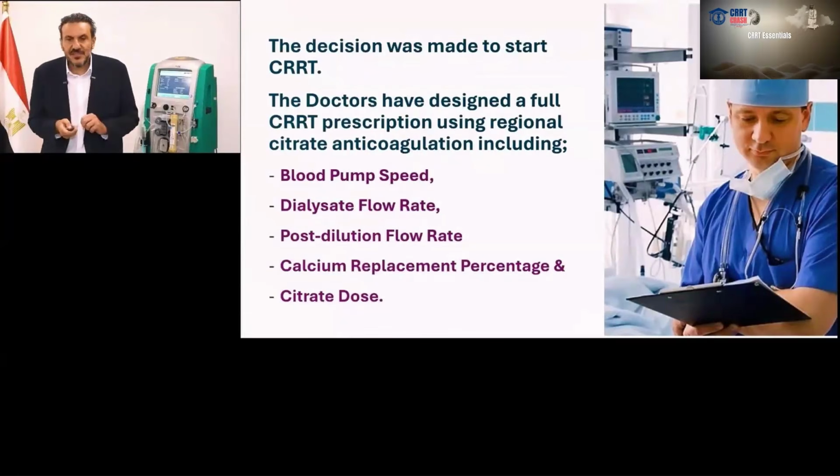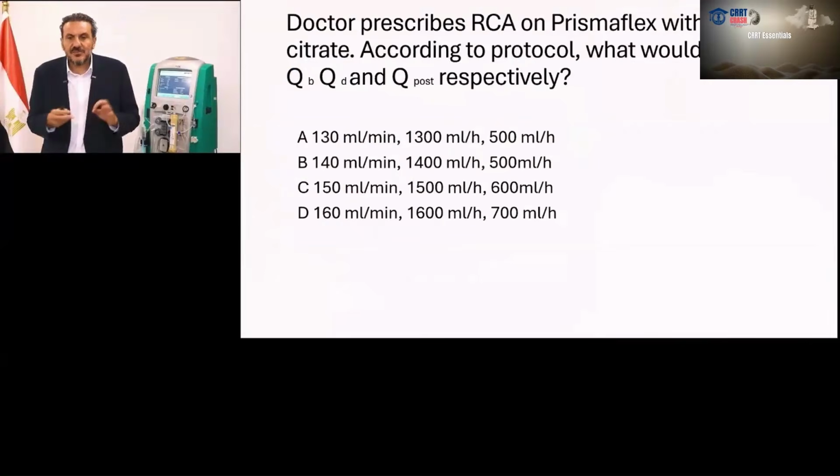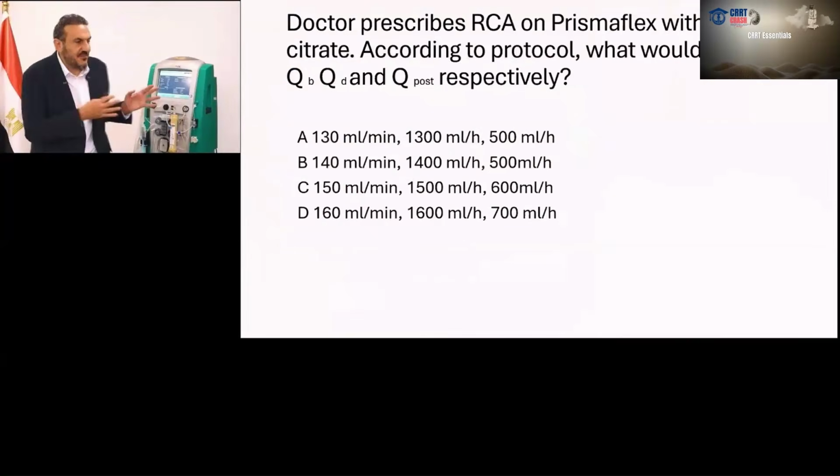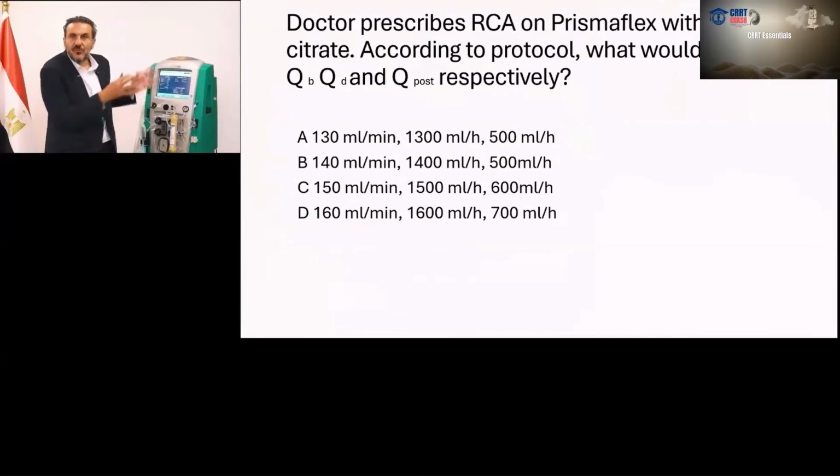Remember, the weight of the patient is 98. Doctors prescribe CVVHDF prescription using the Prismaflex with 3 millimole citrate according to the CRRT protocol, which we explained earlier. What would be the blood pump, the dialysate, and the post replacement? A, 130 ml per minute blood pump, 1.3 liter dialysate, 0.5 replacement.